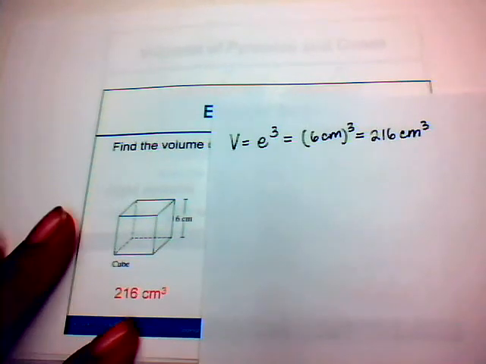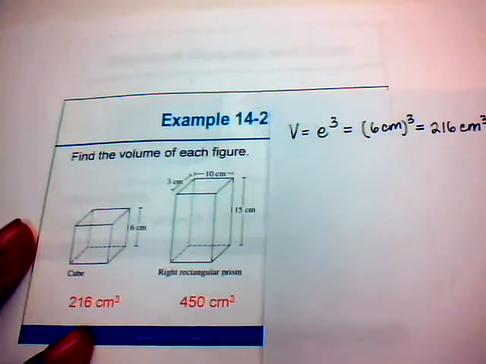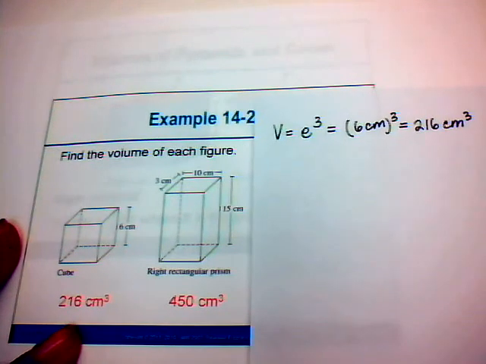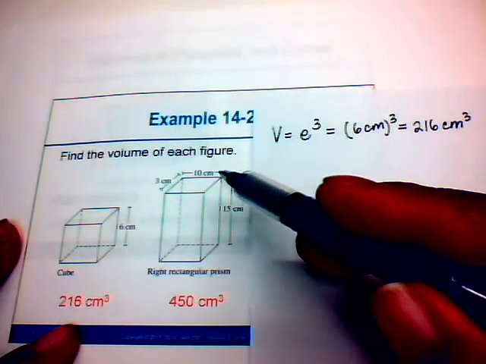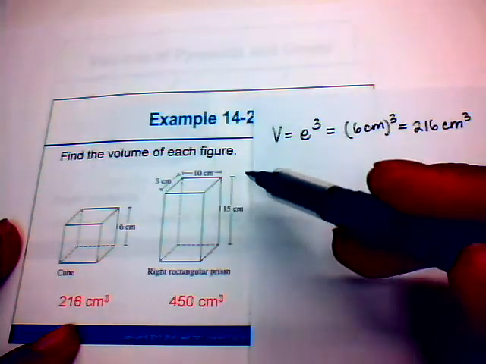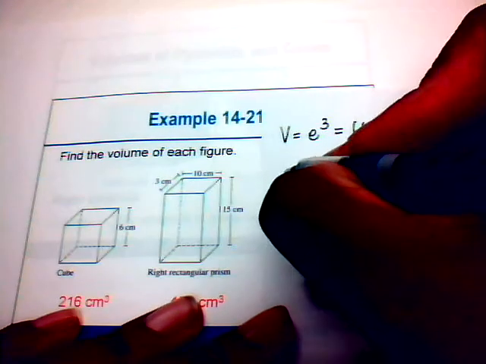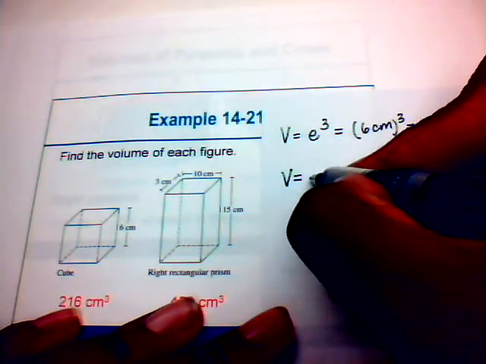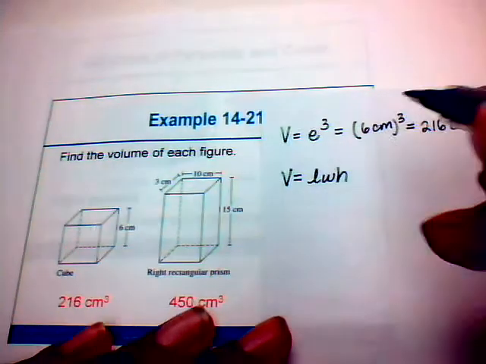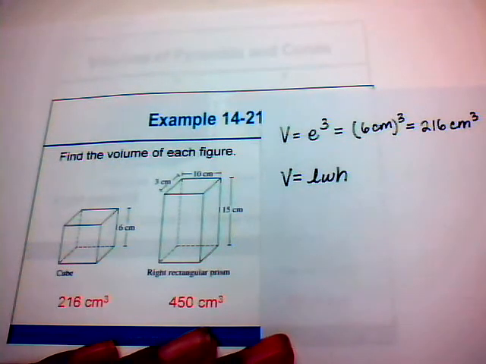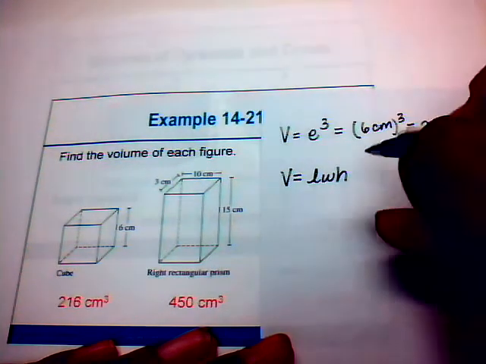Okay, this next one is a right rectangular prism. The length is 10, the width is 3, and the height is 15. They're all in centimeters. So the volume for a right rectangular prism is always length times width times height.